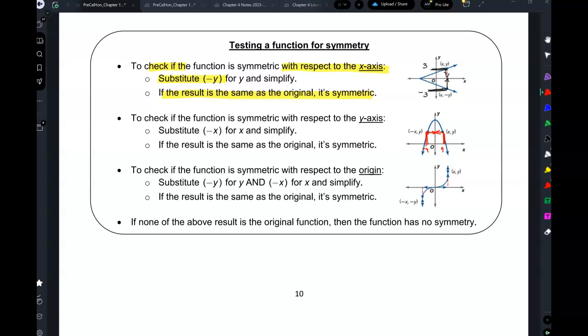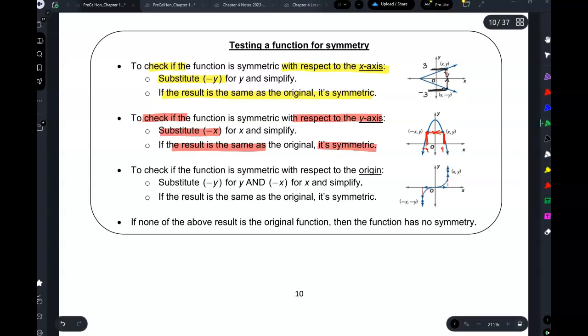So opposite x values will produce the same point, okay? So to test if something is symmetric with respect to the y-axis, substitute negative x. And if the result is the same, it's symmetric.